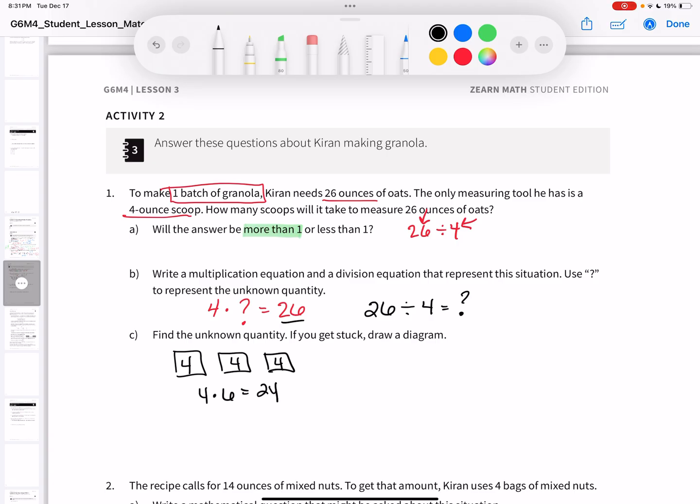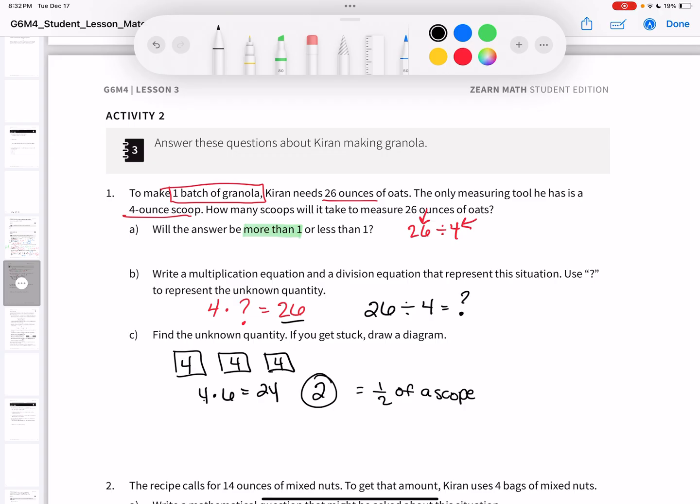So that's pretty close to 26. And that leaves me 2 left over. Well, how many times does 4 go into 2? Well, 4 doesn't go fully into 2, but 2 is half of 4. So we really get a half of a scoop that has to happen to equal our 26.